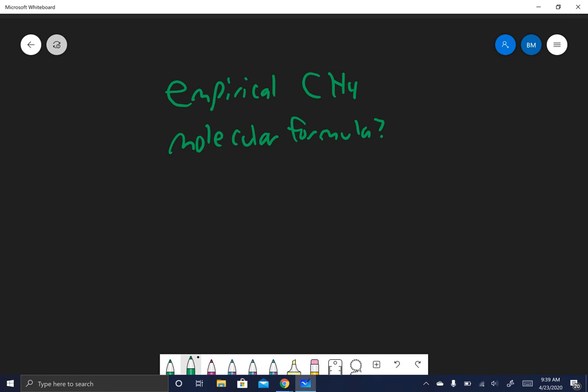Here's another example. If I give you an empirical formula, CH4, and I want to know what the molecular formula is, what is the molecular formula? There's the empirical. The molecular formula mass, I had it written down earlier, is 80 grams per mole.